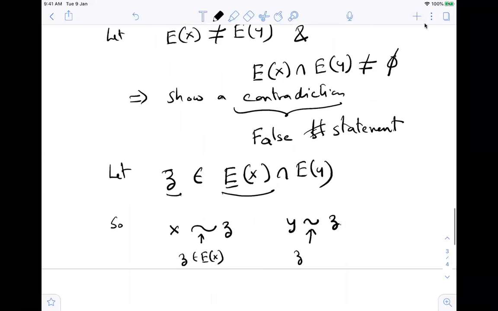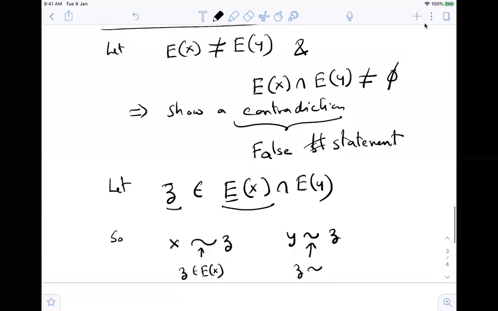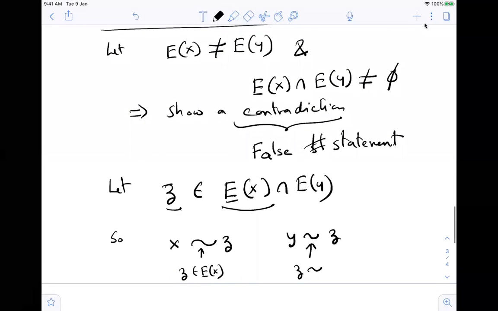Because Z is in the intersection, so it is also in E of Y.